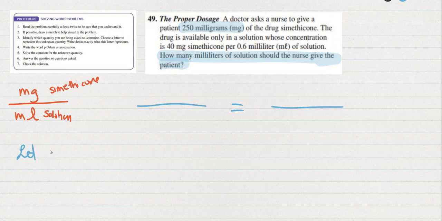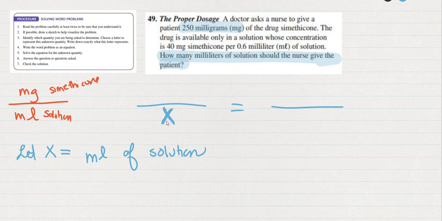So let's let x equal milliliters of the solution. So do you see that I could put the x right here in the bottom, because the milliliters of the solution is an x.